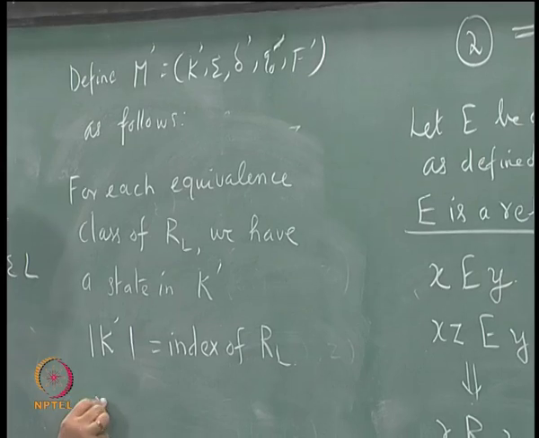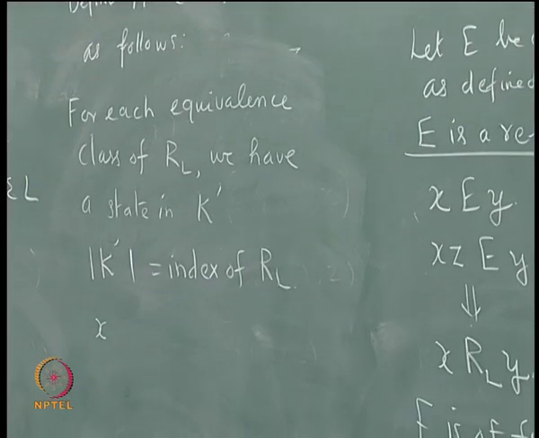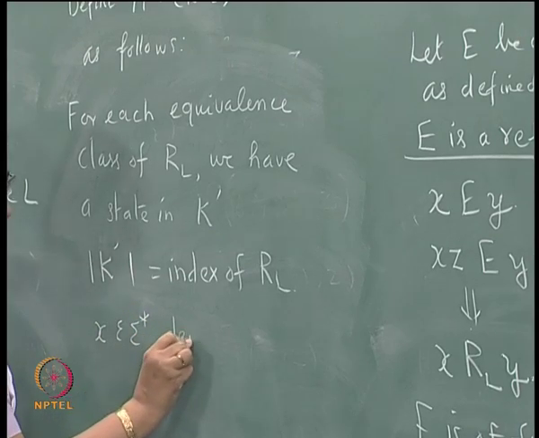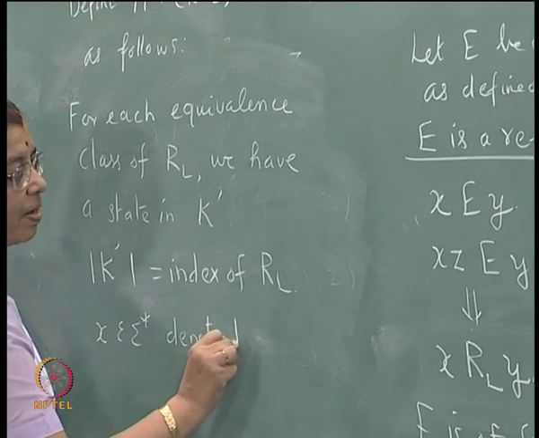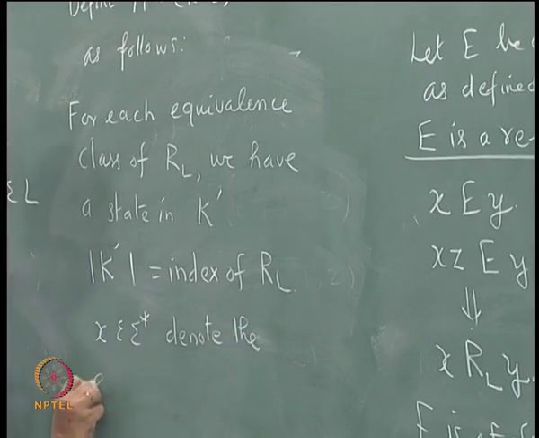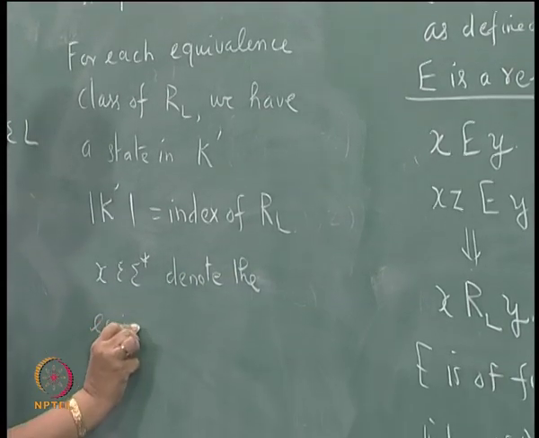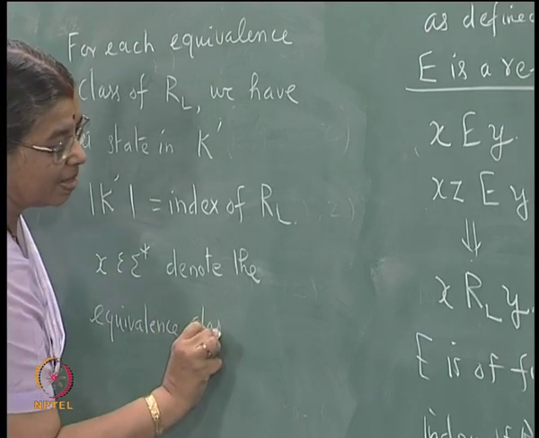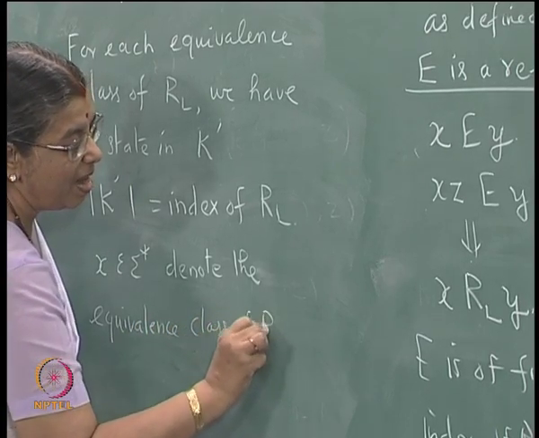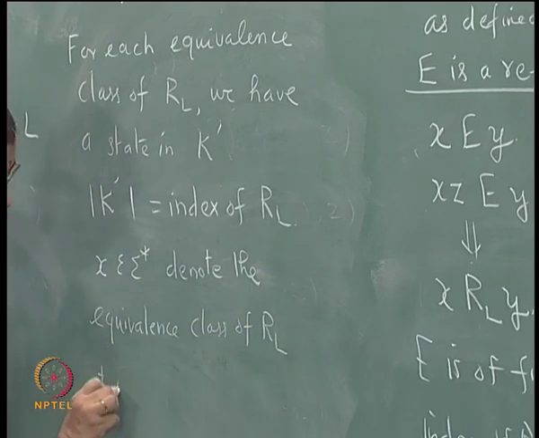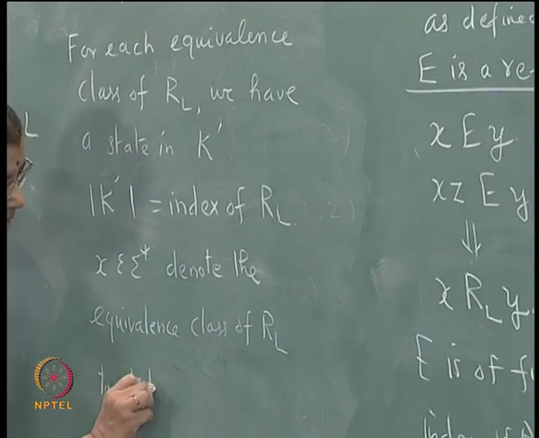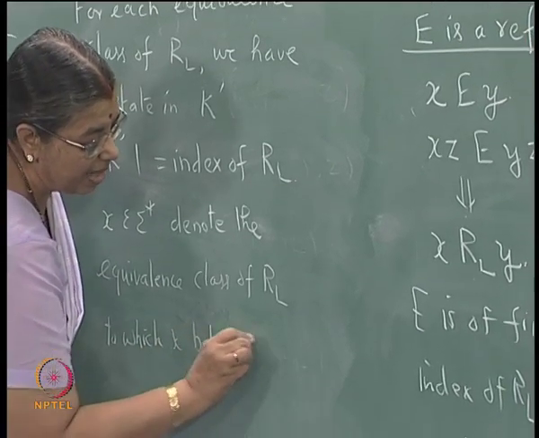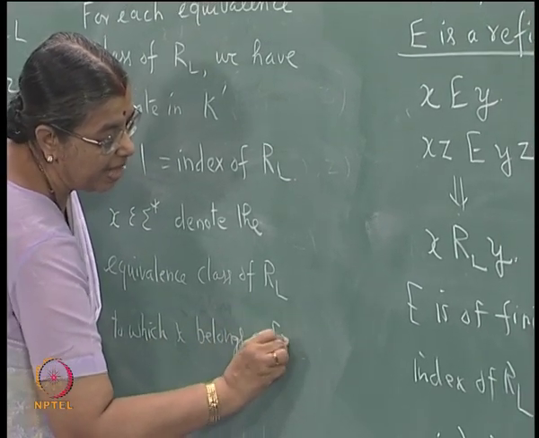Now, if X is a string, if X belongs to sigma star, denote the equivalence class of RL to which X belongs as X within the square bracket.